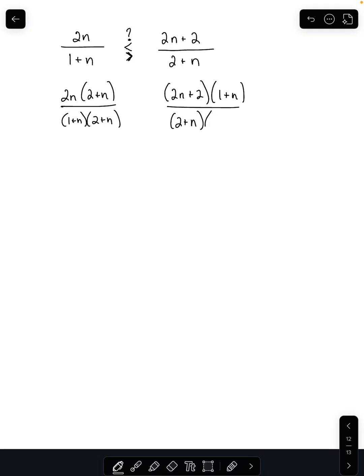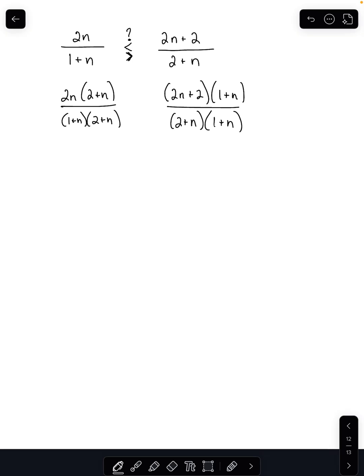Now, something we would need to consider here is that when we multiply both sides of an inequality, if we multiply by a negative on each side, then that can reverse the inequality symbol. Now, we don't need to worry about that here because we multiplied top and bottom by the same thing, which is equal to positive 1. So we're essentially multiplying each side by positive 1. So whatever symbol would have been in the first statement is the same symbol that would be in this second statement.